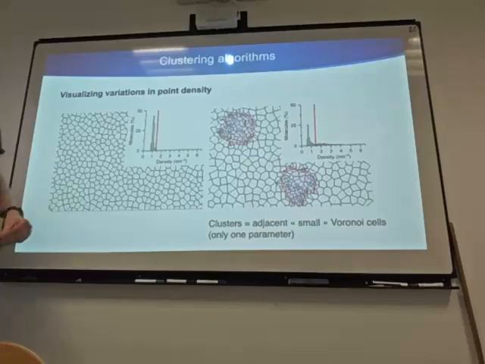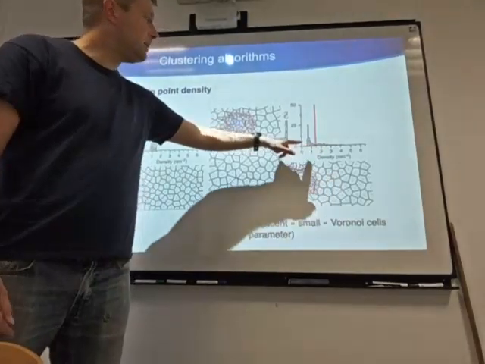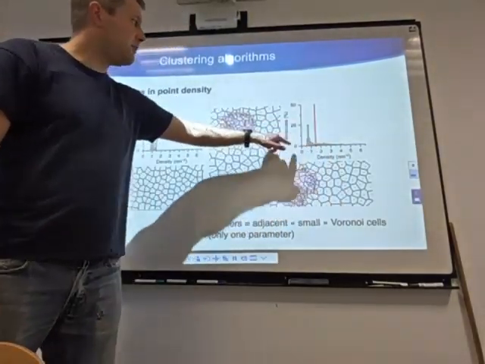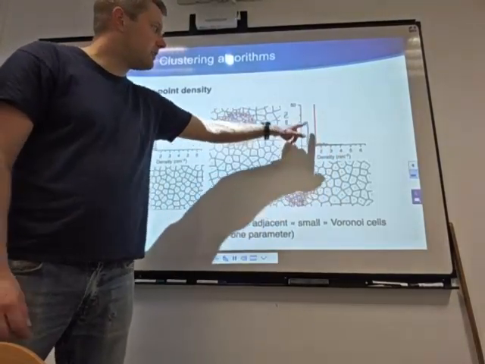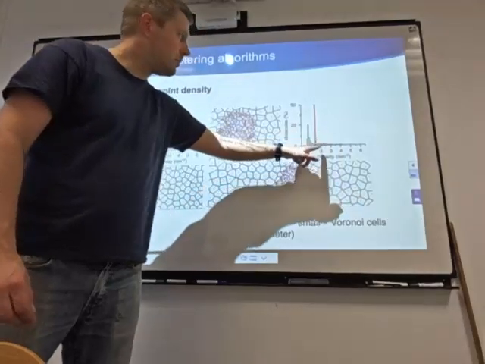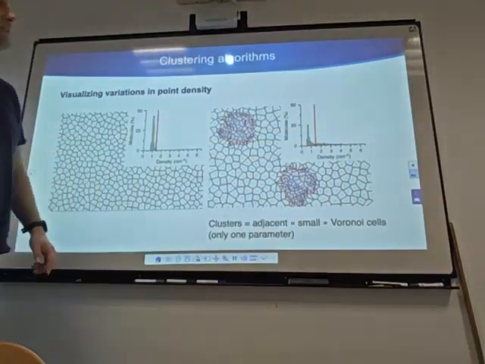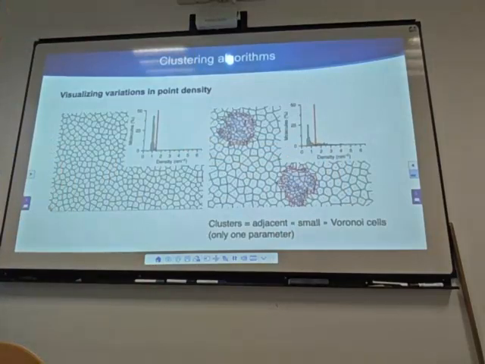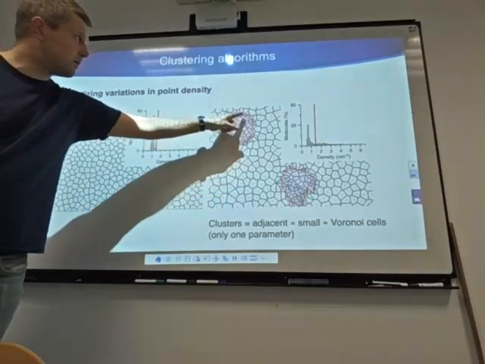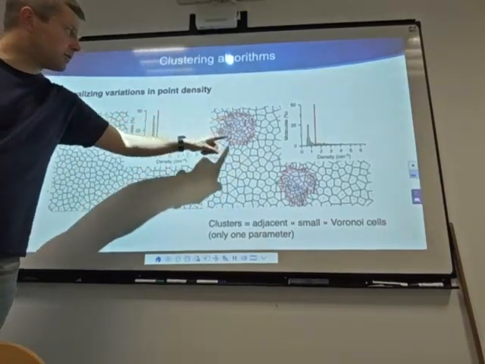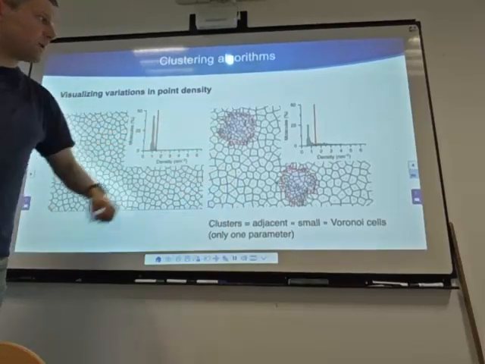If the distribution of density is skewed like this, so you have a lot of areas where the density is small, but then you have some regions with a very high density of points, when you do the Voronoi diagram, you are going to have smaller cells where the points are clustered, and larger cells around.